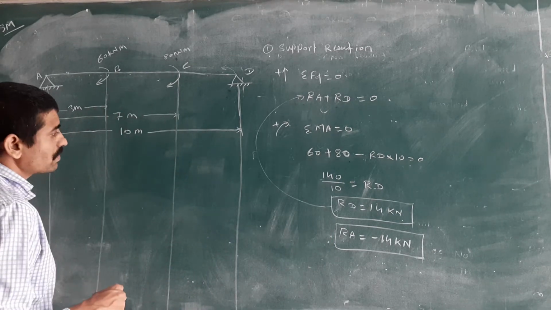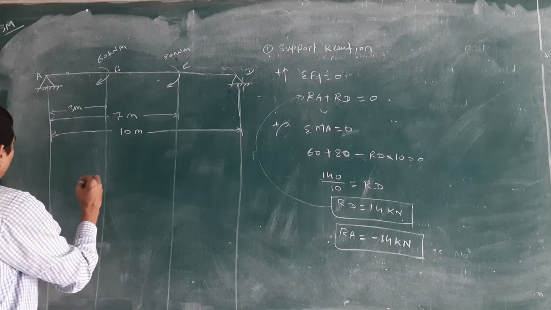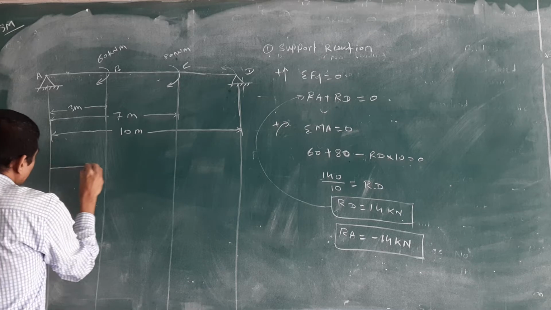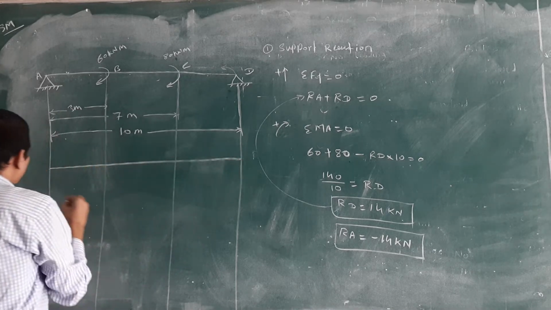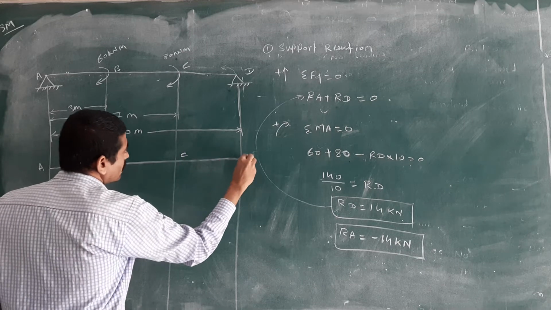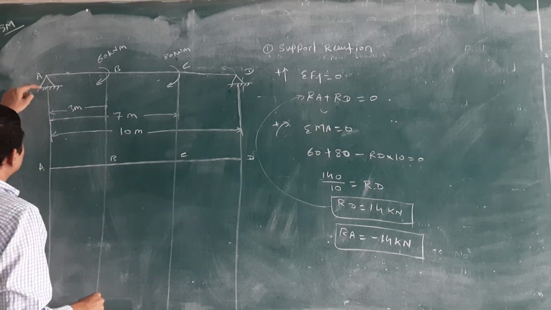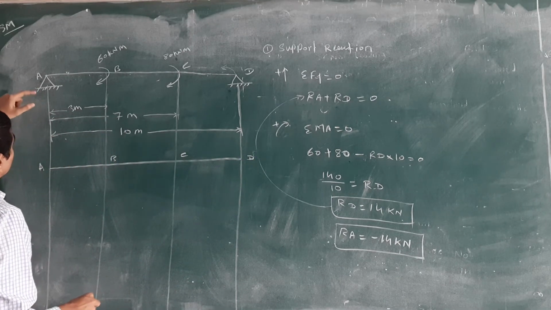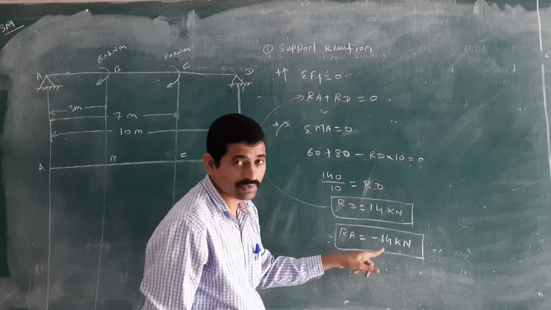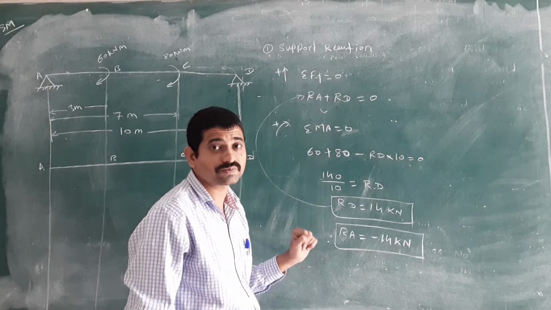Then directly you can draw the given SFD. In that, check that here I will draw the 0 line, and mark the points A, B, C and D. Check that this RA is going downward because of the negative sign, minus 14.